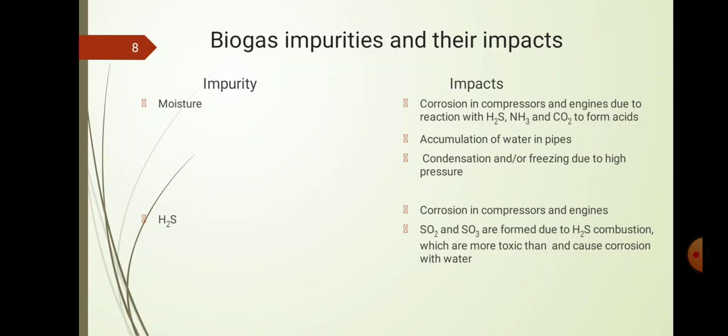So we have to remove this hydrogen sulfide from biogas if we are using it in compressors and engines, etc. And if dust is present, it will result in clogging of compressor pipes, gas storage tank, engine, etc. So dust also we have to remove.